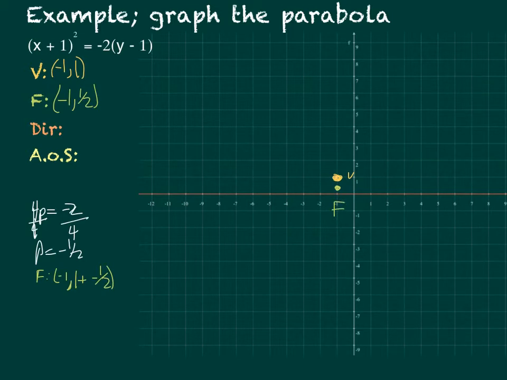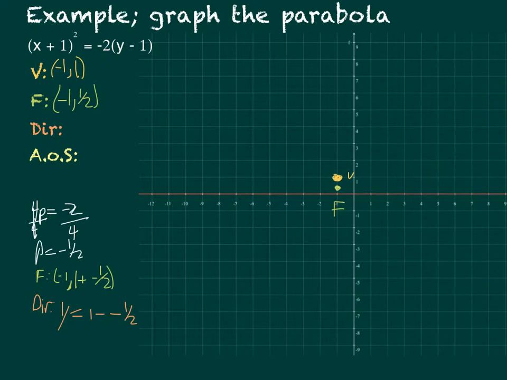That's what that means. Okay, now the next thing is my directrix. My directrix also has to do with the P, but it is a line, and it's a line that doesn't touch the graph. So it's going to go away from the graph, P amount. So we're going to take our Y equals our K term, which is 1, minus our P, which was -1/2.